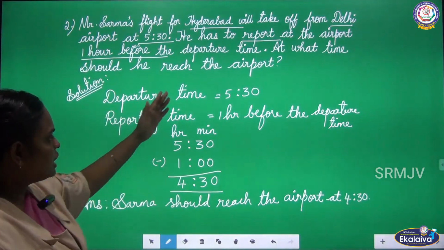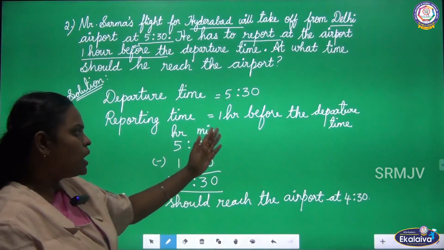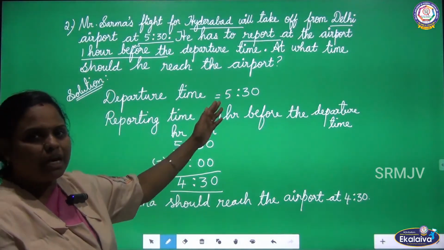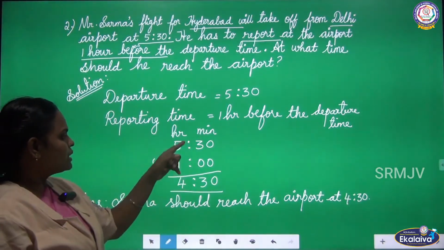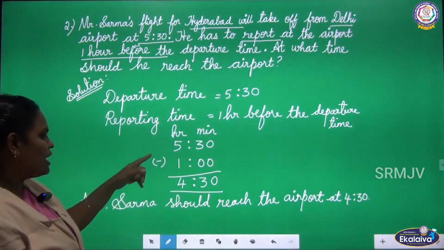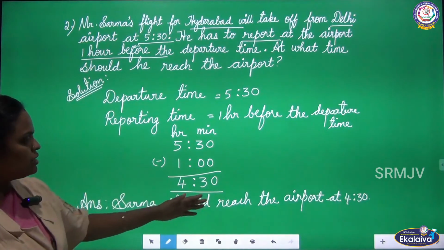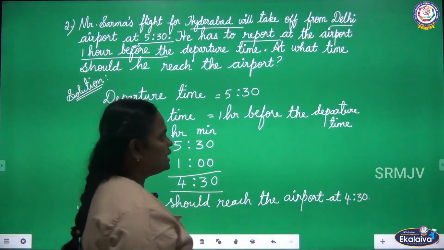So departure time is 5 hours 30 minutes. Reporting time is 1 hour before the departure time, so you have to subtract 5 hours 30 minutes minus 1 hour. 0 minus 0 is 0, 3 minus 0 is 3, then 5 minus 1 is 4. So Sarma should reach the airport at 4 hours 30 minutes.